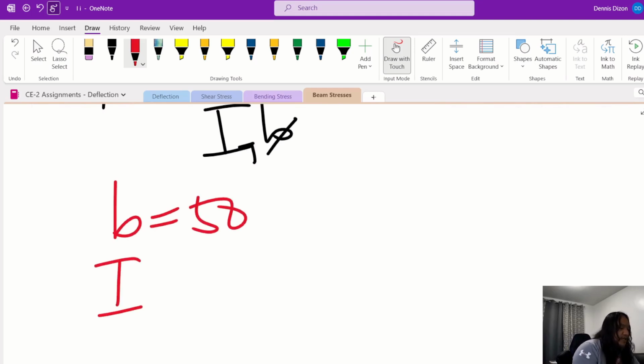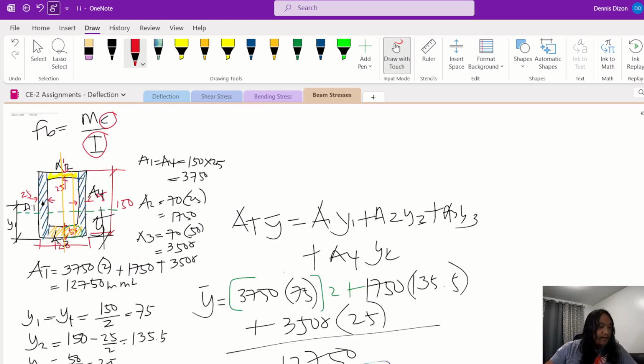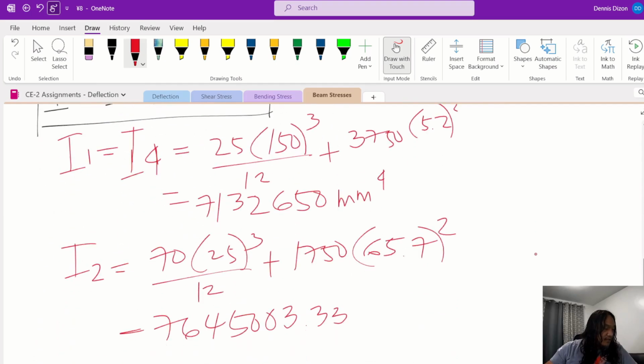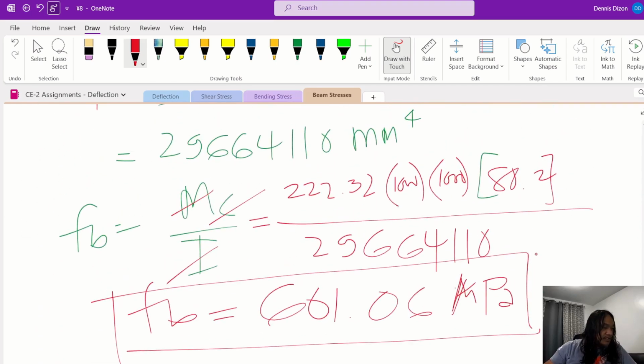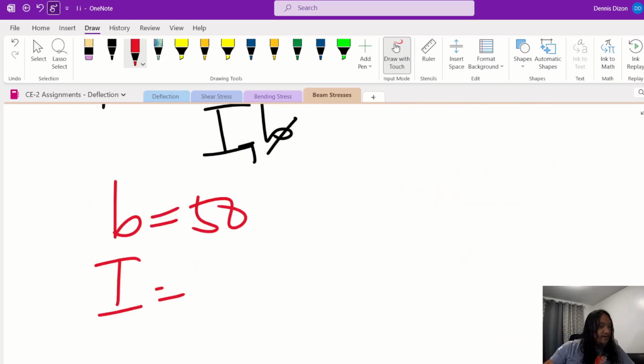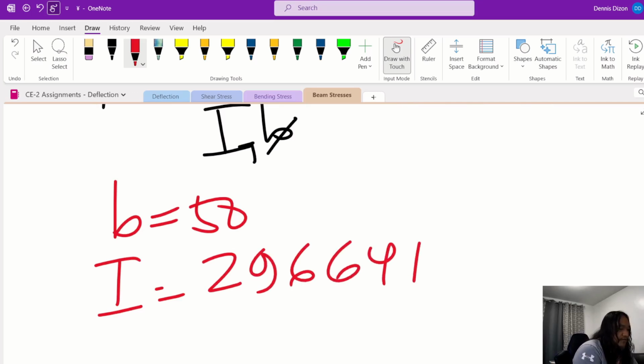And then we already have the I, the total I, which is 296,641,10.